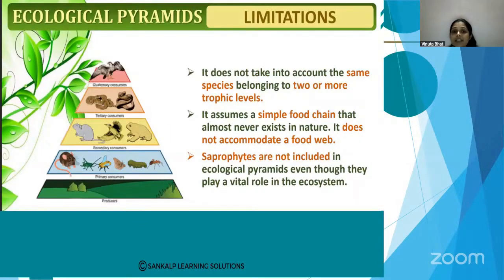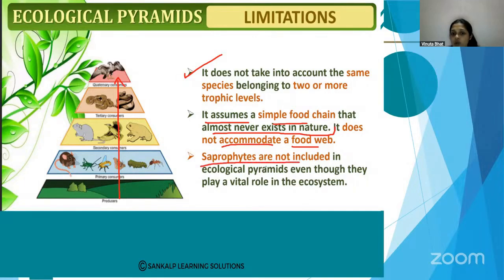Then what are the limitations of the ecological pyramid? It does not take into account the same species belonging to two or more trophic levels. That is one limitation. It assumes a simple food chain that almost never exists in nature. It does not accommodate a food web. We can only represent the food chain, but a very simple food chain does not exist; a food web is there in nature.